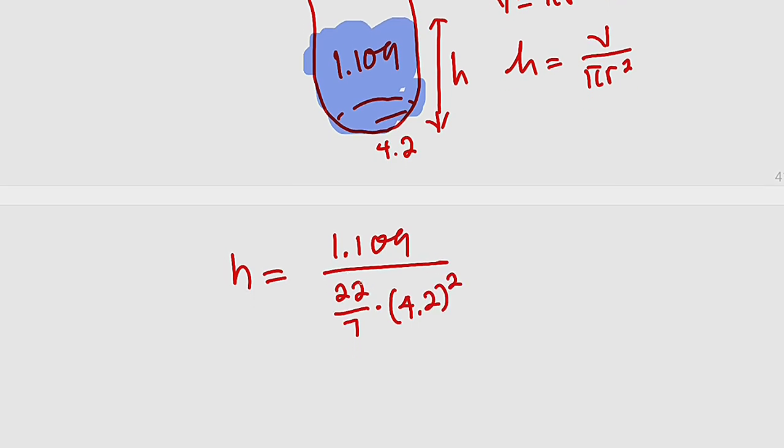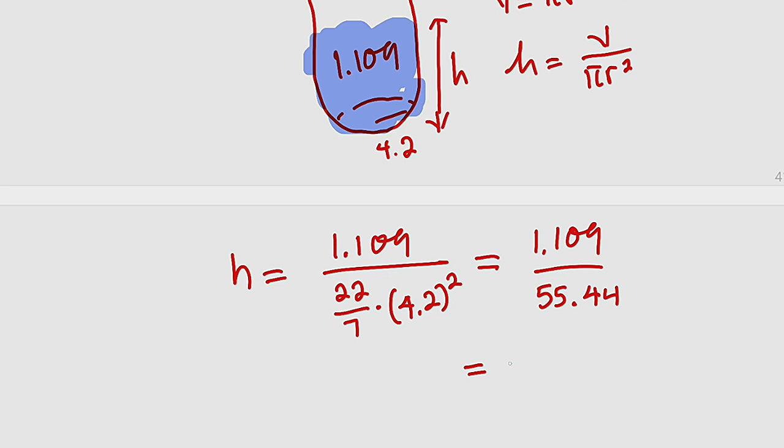So let me use my calculator and simplify the bottom first. This is equal to 4.2 squared times 22 divided by 7 is 55.44. So we have 1.109 divided by 55.44. Then we divide.